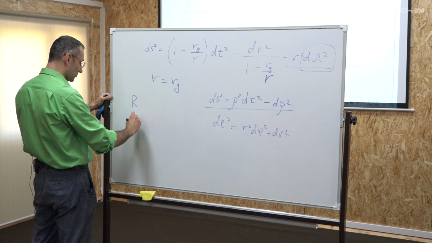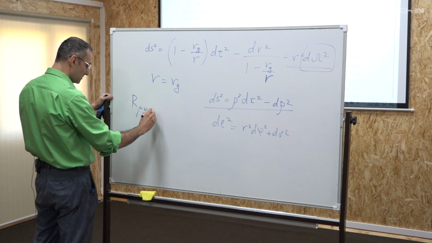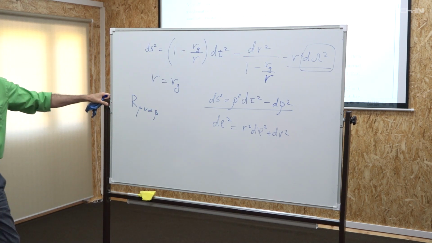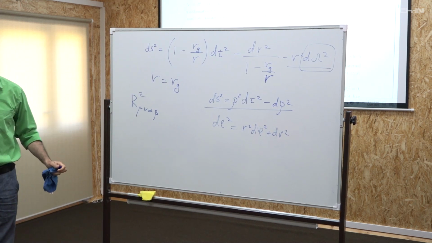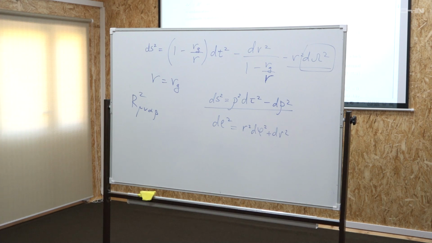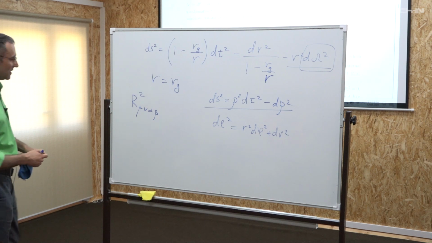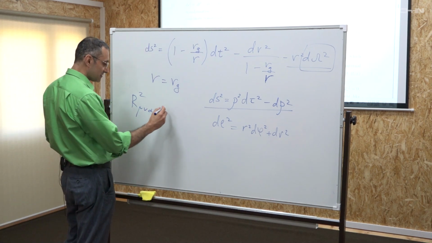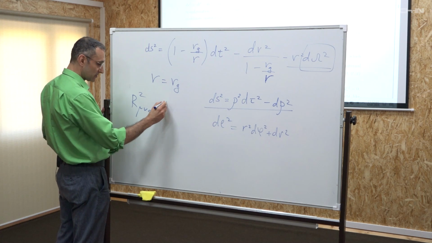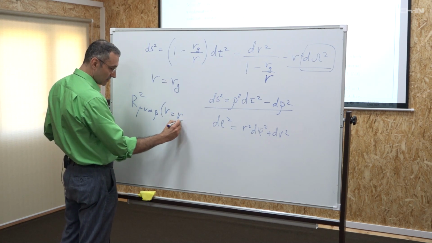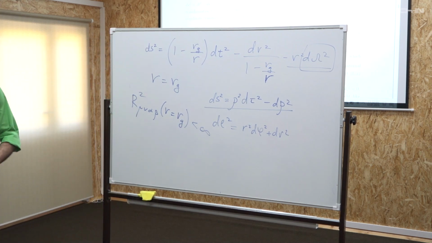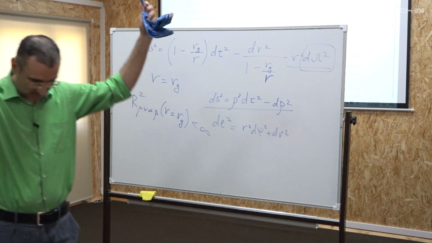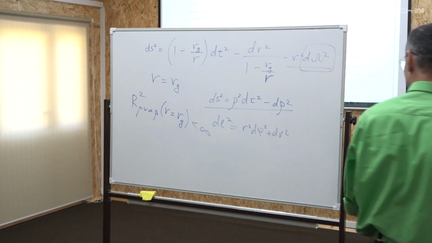If you calculate the Riemann tensor and calculate some invariant from it, like for example the square of this Riemann tensor, it doesn't have any indices, it's invariant. Invariant is something which doesn't transform under the coordinate transformations. And this invariant doesn't become infinite at r equals r_g. At r equals r_g, it's less than infinity. So it's finite. Tidal forces do not become huge at that point.